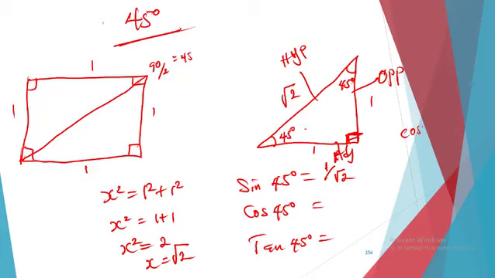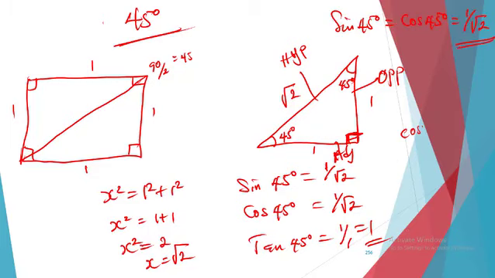Adjacent over hypotenuse. Our adjacent is 1, and hypotenuse is what? Root 2. And tan theta, tan is what? Opposite over adjacent, which is 1 over 1, and that will give us 1. Now also we discover here that sin 45 is equal to cos 45 degrees, because they are both equal to what? 1 over root 2. So bear this in mind.